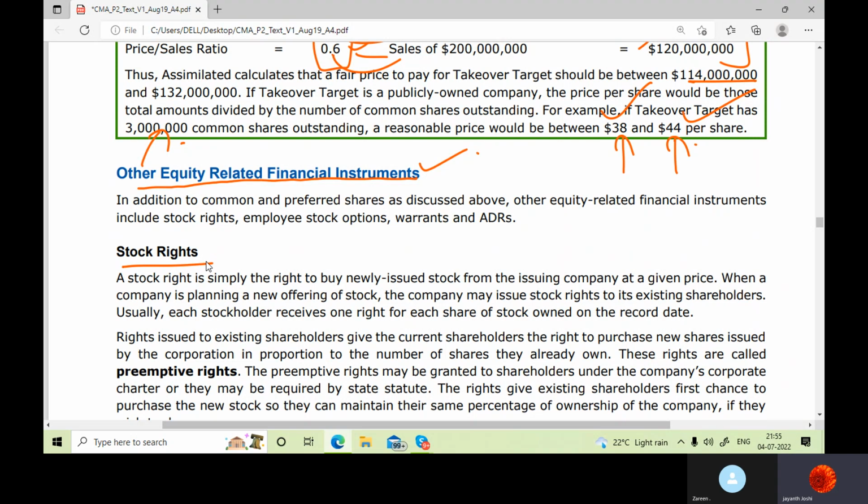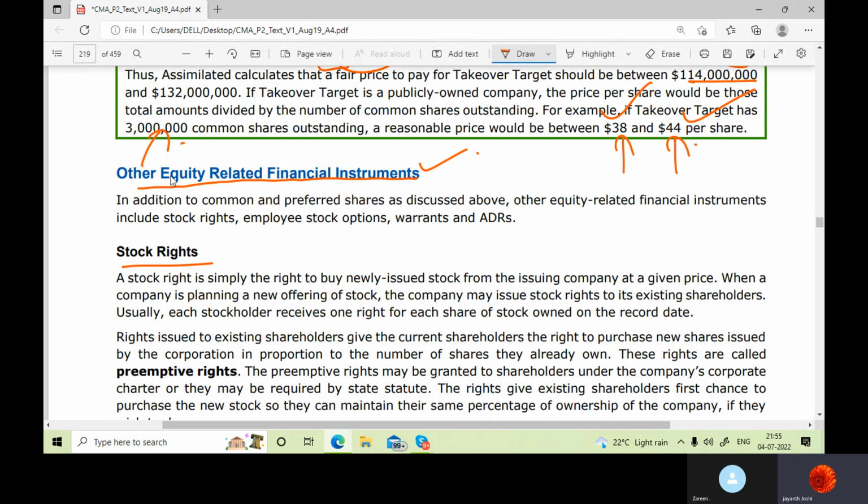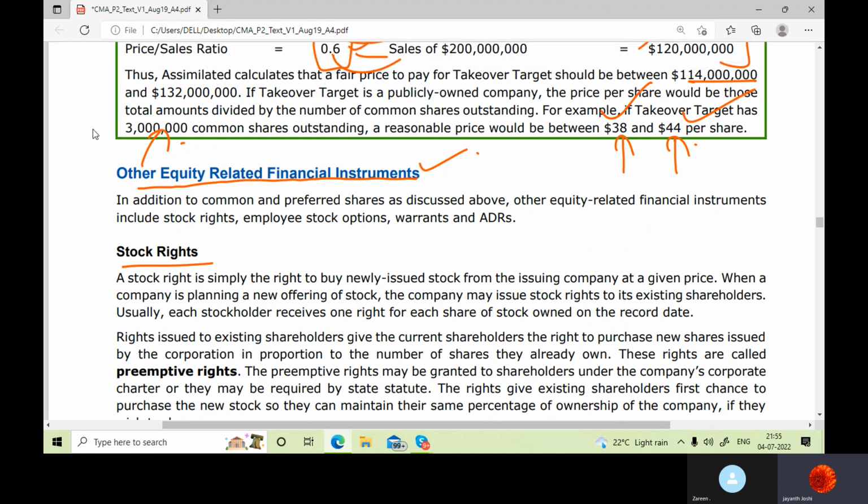Instead of issuing the shares to others or going for a fresh issue, they can issue the shares to their own existing shareholders at some price, probably a discounted price.